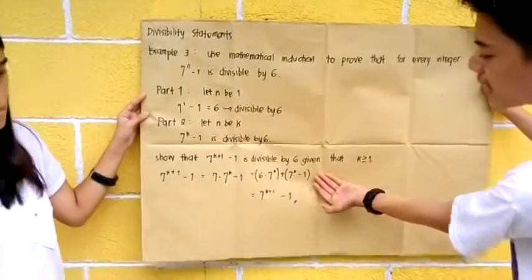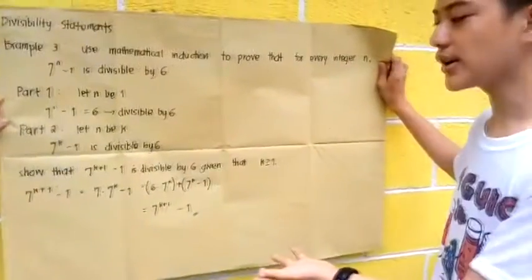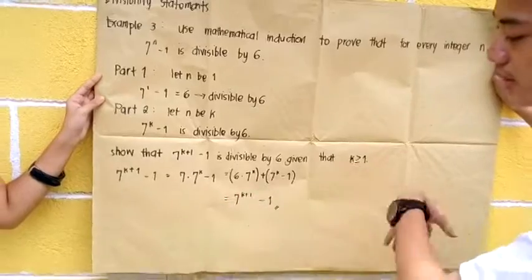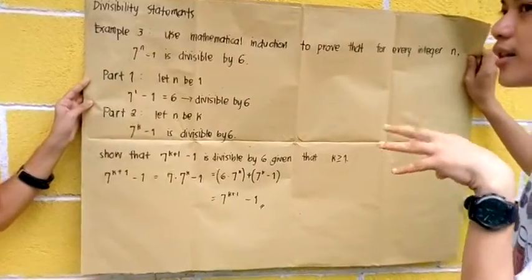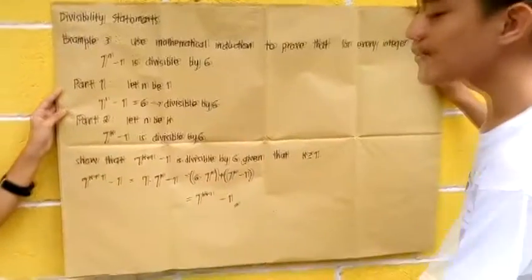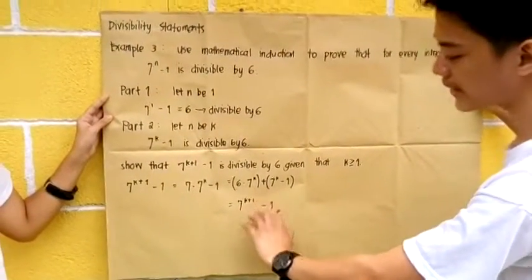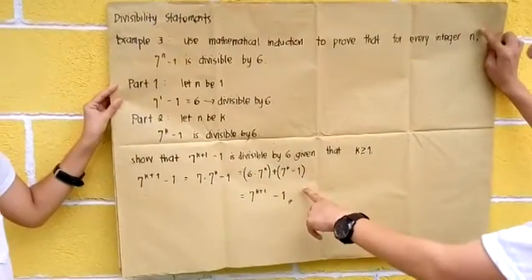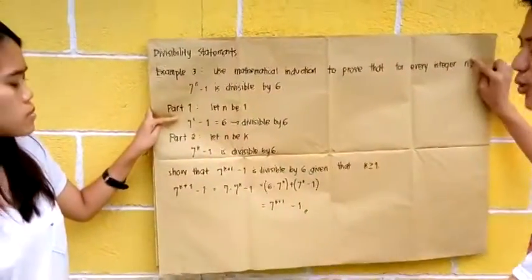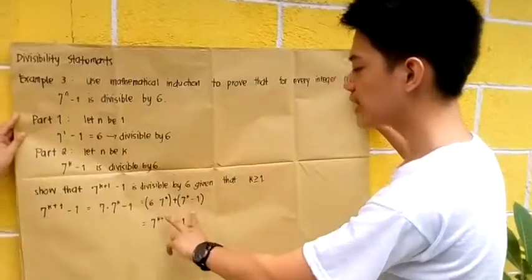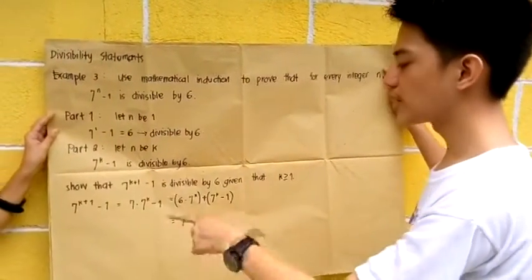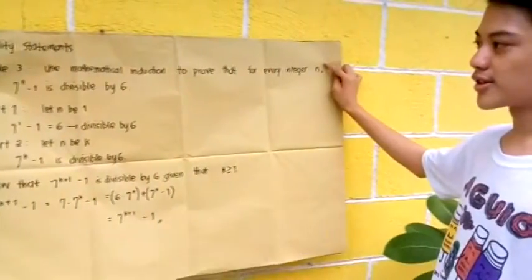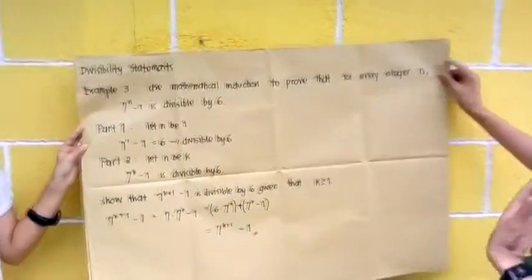Once we multiply 6 by an unknown integer, it is divisible by 6. Then 7 raised to k minus 1 is proven here. So, when we add them, the sum, 7 raised to k plus 1 minus 1, will be divisible by 6 as well. So, we have used mathematical induction.